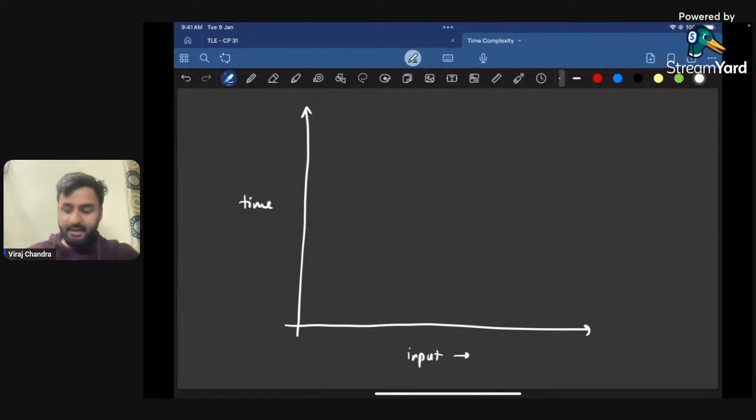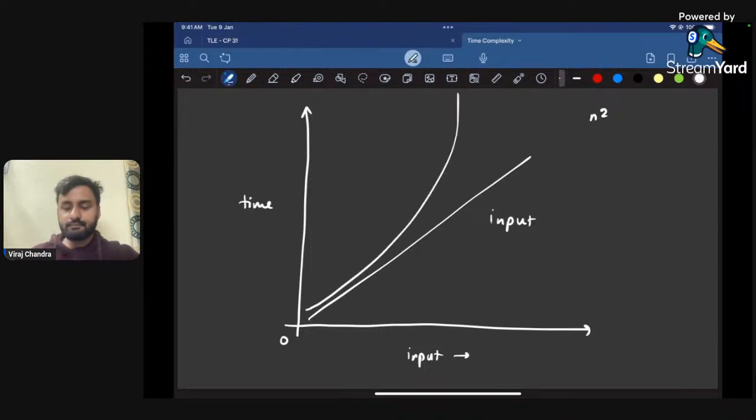I can draw an input line. Let's say the solution is running in n square time complexity. Then if I draw after 0, that is the origin, the time can be like this. You understand, a parabolic curve. It's sort of like this. So I've just drawn something after the positive x-axis.